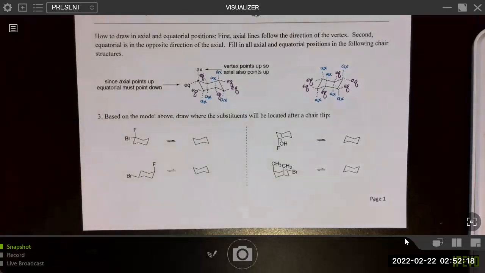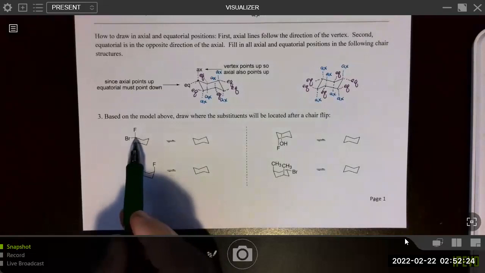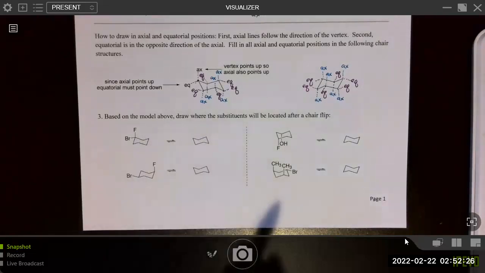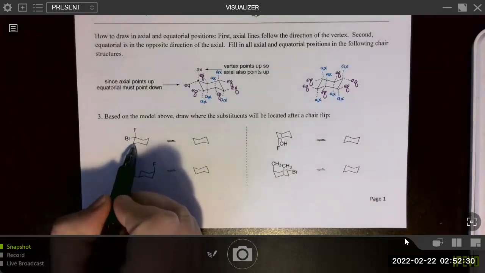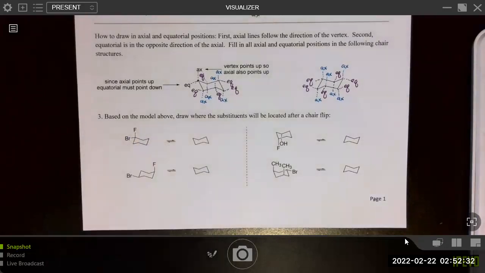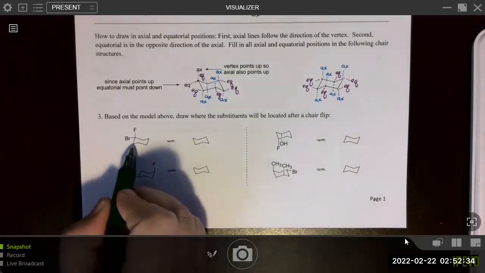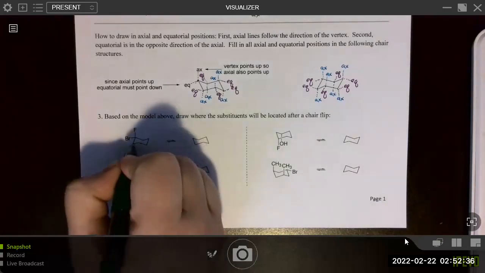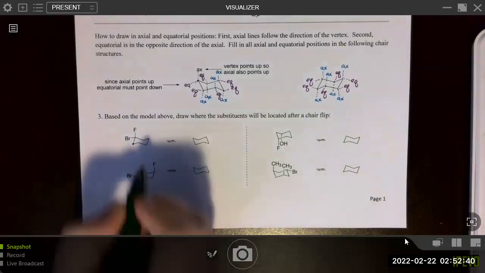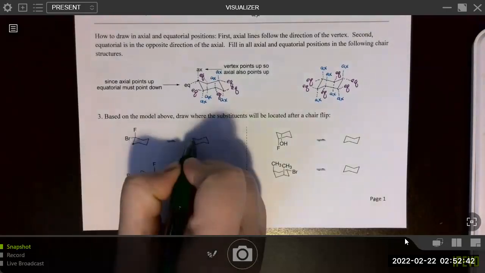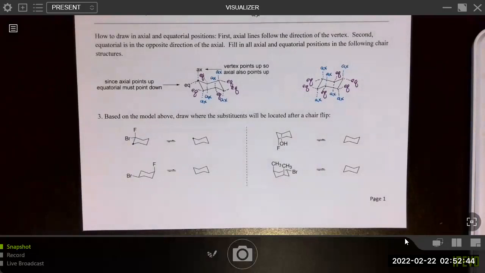So one of the things that I like to do to sort of orient myself is to look for the carbon that's either pointed down or pointed up at the corner, right? Because the one that's pointed down at the corner, think of it as this one that I've sort of put a little green dot on, will end up flipping up and will become that carbon after the ring flip.